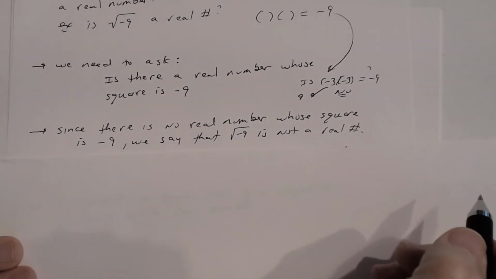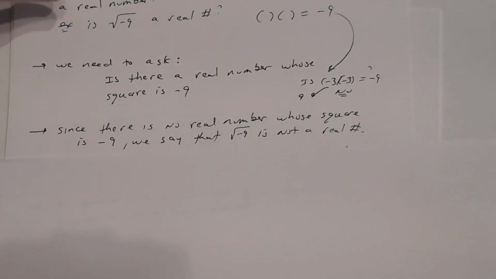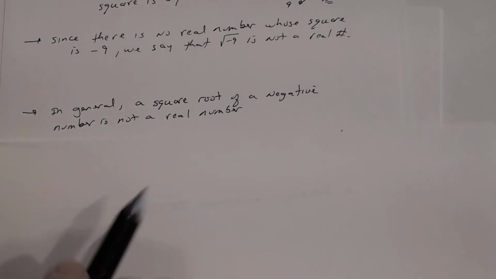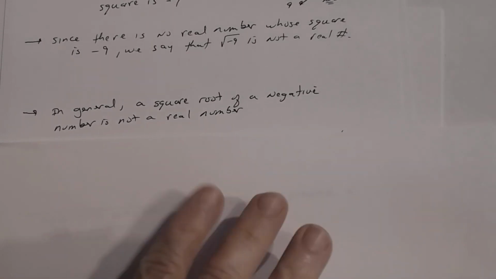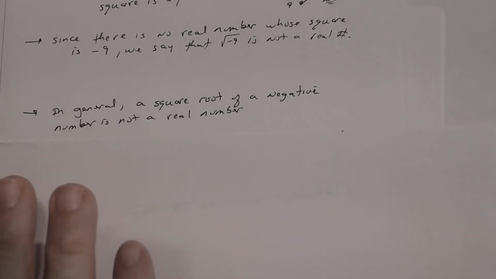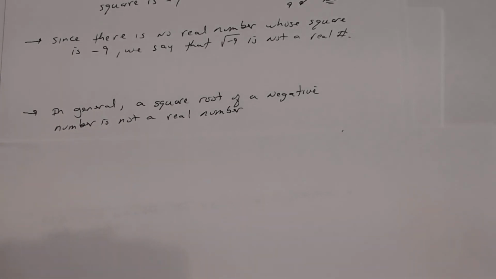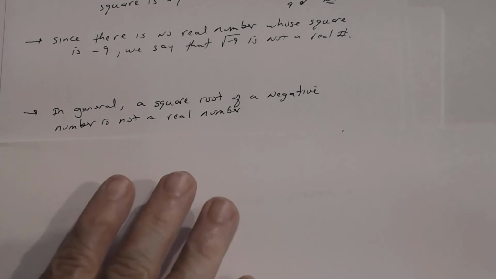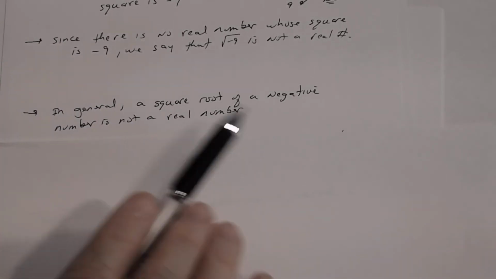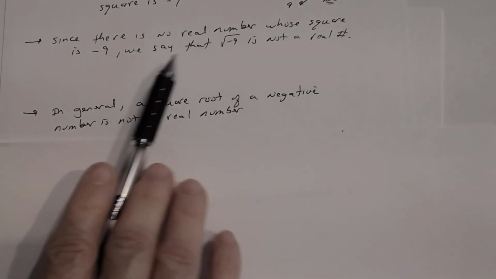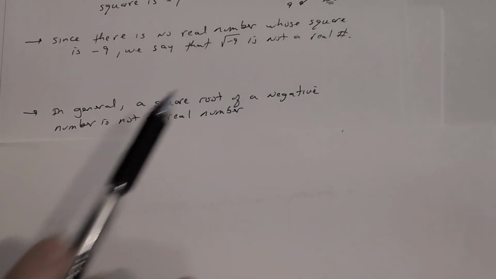In general, the square root of a negative number is not a real number. Later in this course, you'll see that we can define the square root of a negative number using imaginary numbers. But for right now, in this lesson and probably the next, always remember that the square root of a negative number is not a real number.